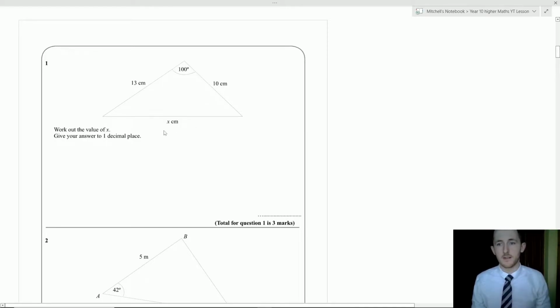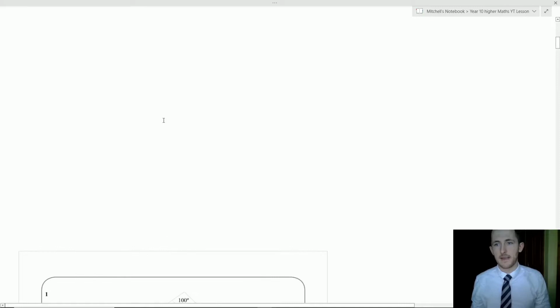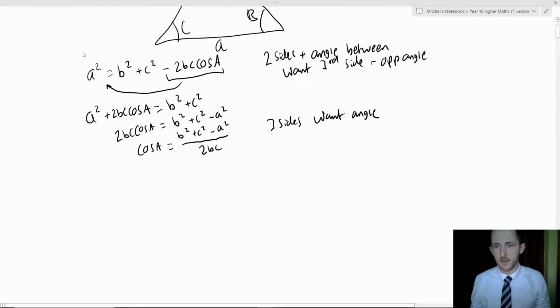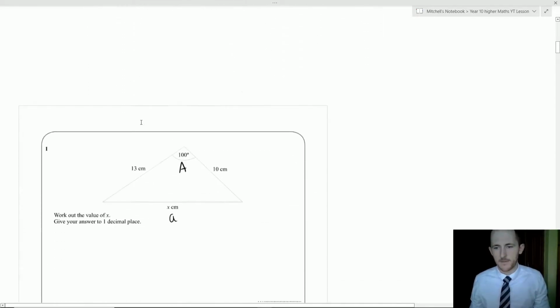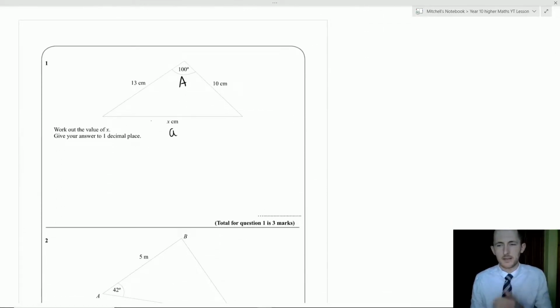So what I'm going to do is say, well, this is my angle, so I'm going to label it capital A, which makes this side lowercase a. That makes me happy because the formula here has a equals. A squared equals technically, but a equals, right? Now, it doesn't matter what I label the other two. I can call this one B and this one C, or the other way around.